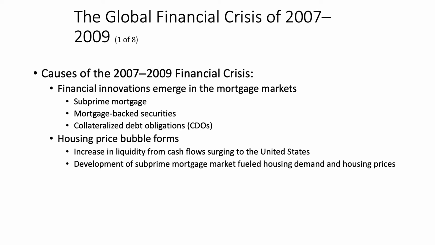The global financial crisis of 2007-2009. Some of the causes of this financial crisis were financial innovation in mortgage markets. What we had done is we had this issue of subprime mortgages, right? Giving mortgages to individuals who had less than outstanding credit. And these subprime mortgages were very, very risky securities.